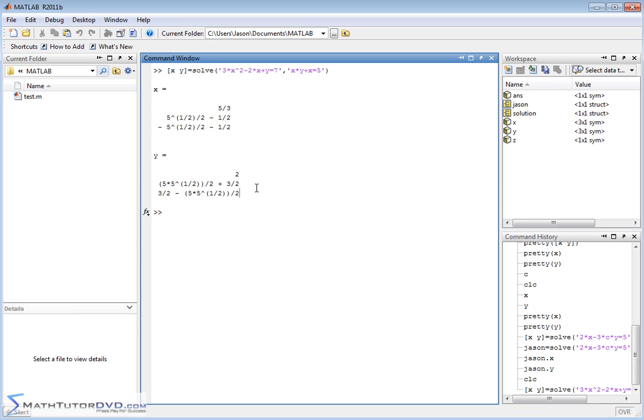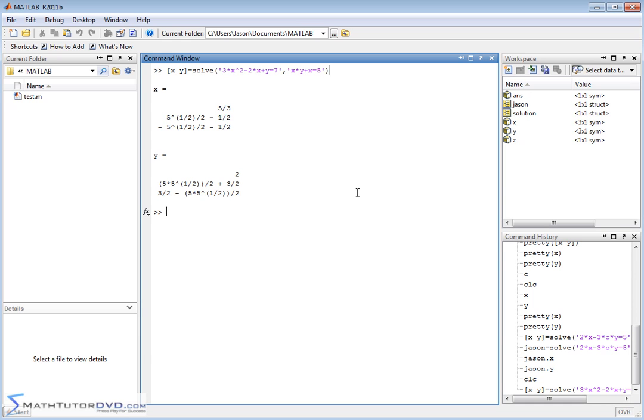So there are more complicated sets of answers because this is a more complicated system of equations than you typically run into. But the bottom line to remember when you're dealing with the symbolic math toolbox is that it is very powerful because you can pretty much put any equations you want in here, and MATLAB will try to keep them exact, which is what it's done here.